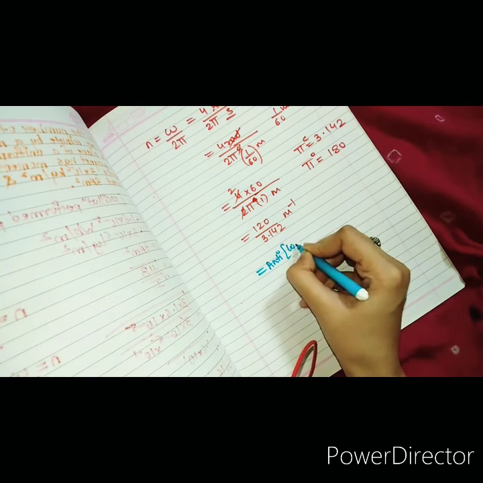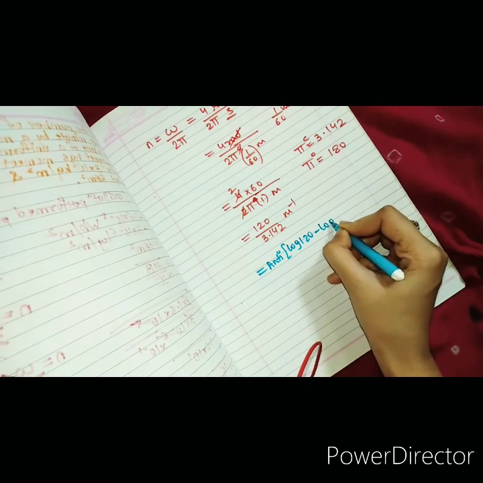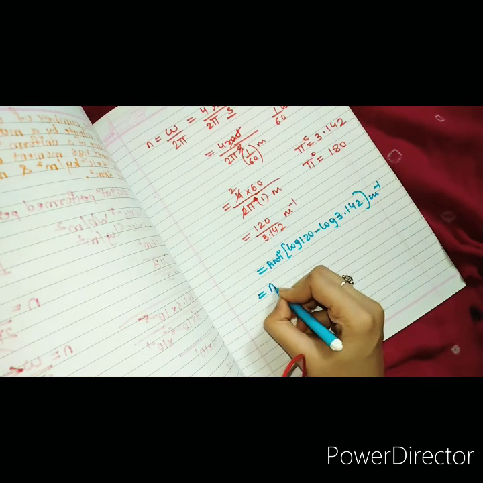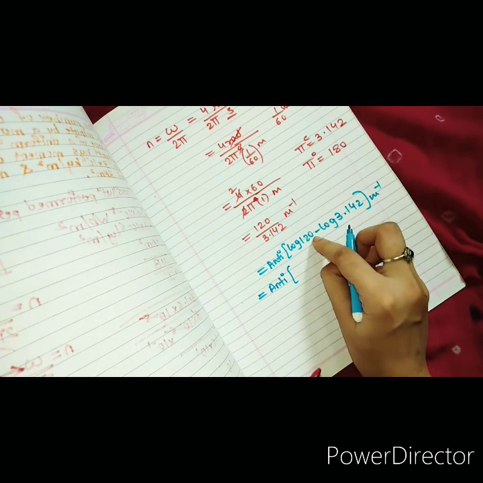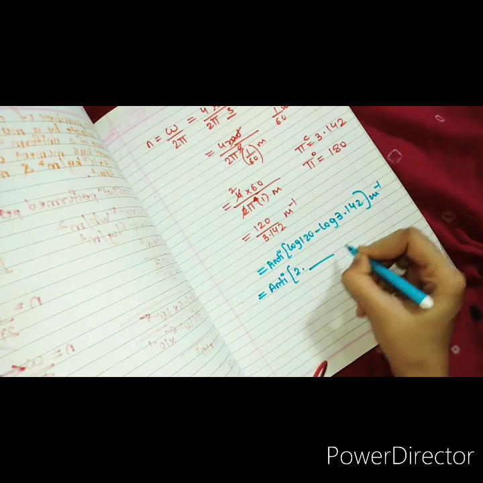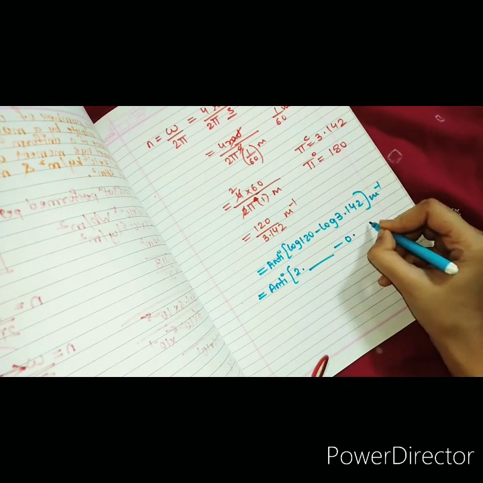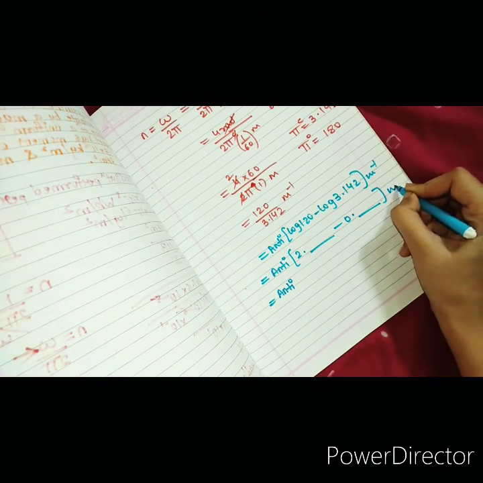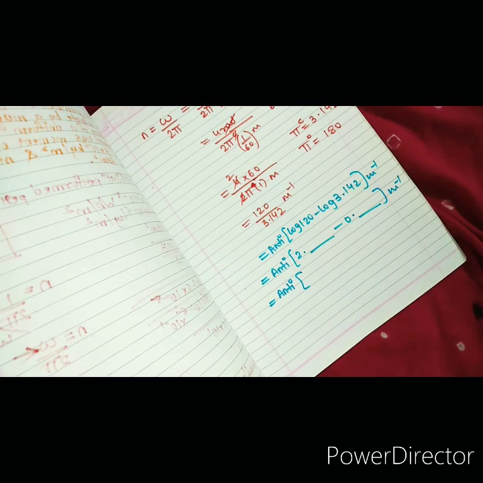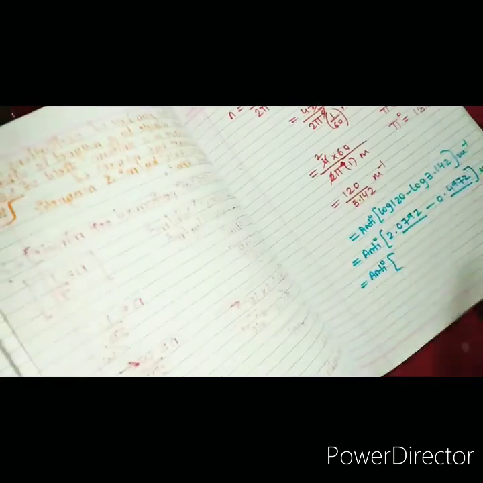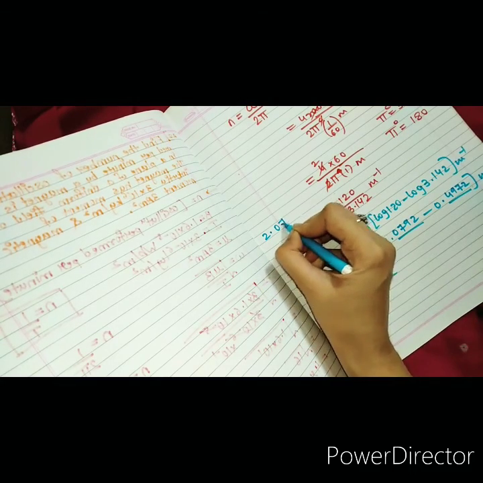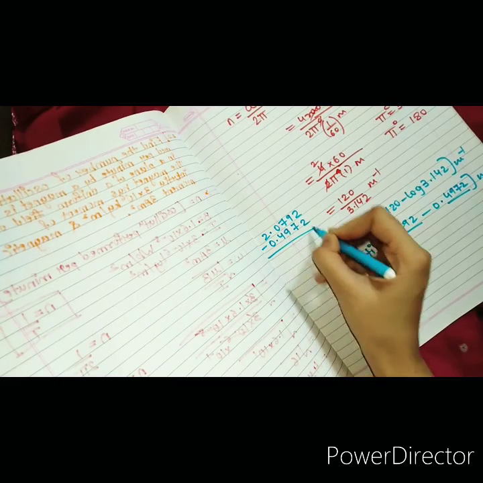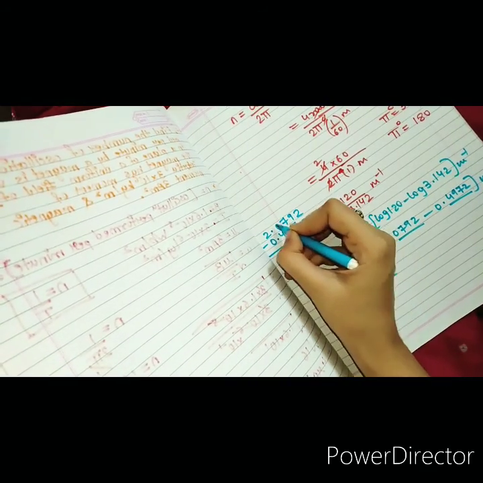So now I'll apply log. So antilog of log of 120 minus log of 3.142 per minute. Let's see the log. We'll subtract these two values, that is 2.0792 minus 0.4972.